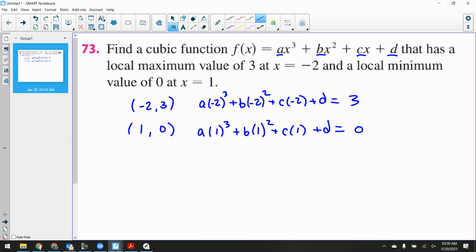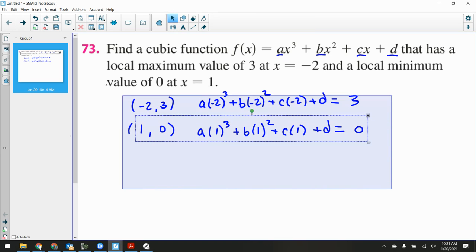Now, where do the others come from? Well, I know that if it's a local maximum value of 3 at x equals -2, isn't -2 a critical point? And if -2 is a critical point, that means that f prime of x is equal to 0 at that value, right? So think about f prime of x. Let me move this down.